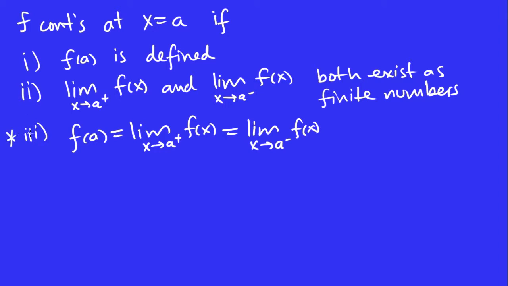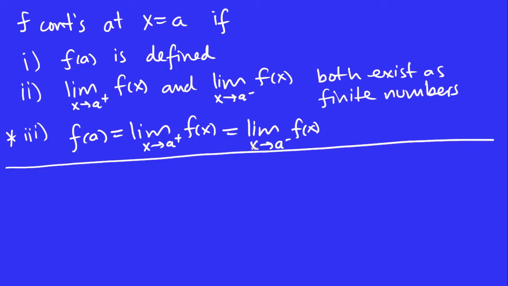And this third condition is the main one, okay? The value of the function has to be the same as the right limit, and it has to be the same as the left limit. That's really the crux of the definition, okay? And remember, all of that is the same as that original, quick, very concise definition.